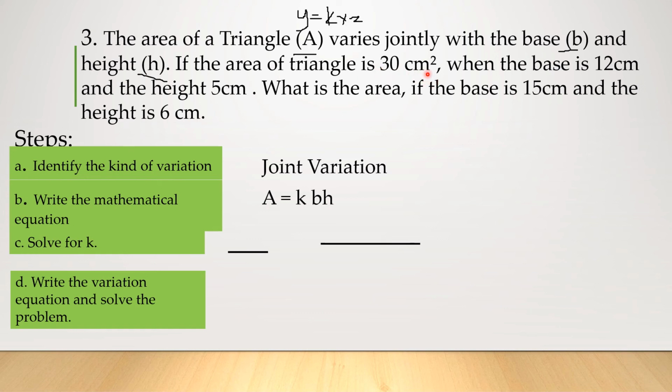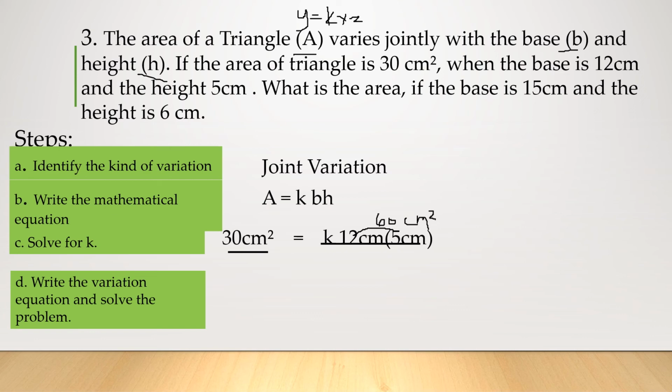The area is 30 centimeters squared, so that's the value of A. And then, constant of variation K. Then we have here 12 centimeters, that's the base, and 5 centimeters, that's the height. If we multiply these two, this is equal to 60 centimeters squared.